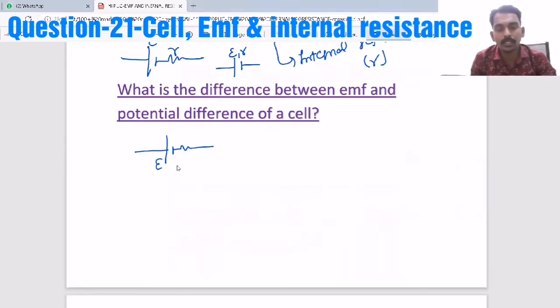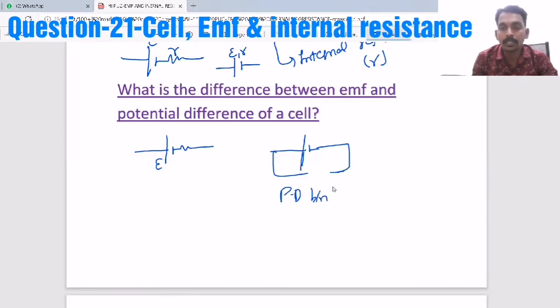But when you connect the cell across one element, then the potential difference between terminals equals epsilon plus or minus IR. Now the question is, when is it plus, and when is it minus?